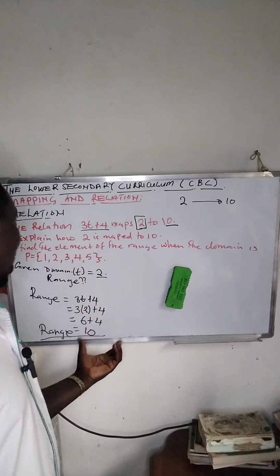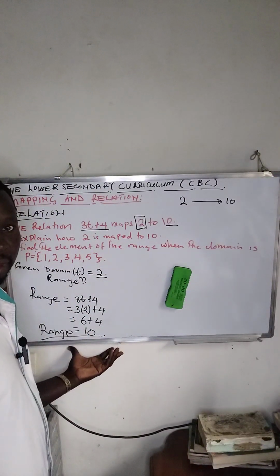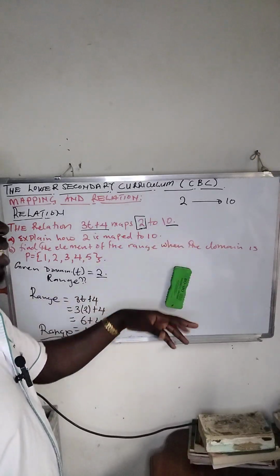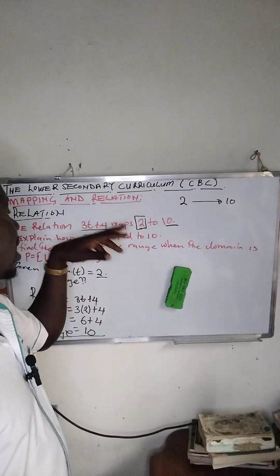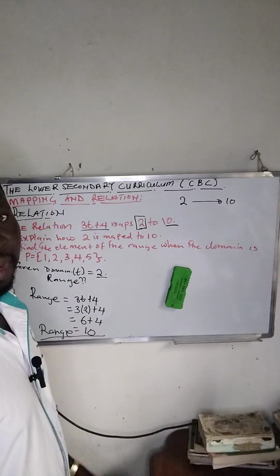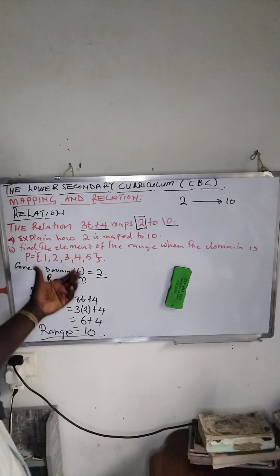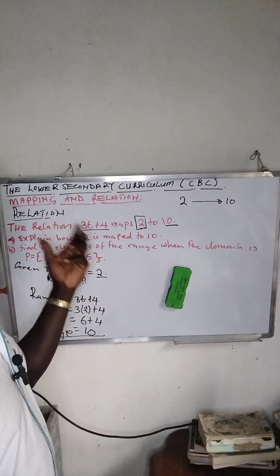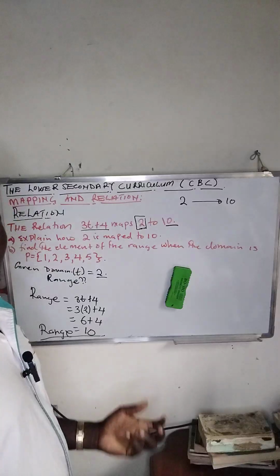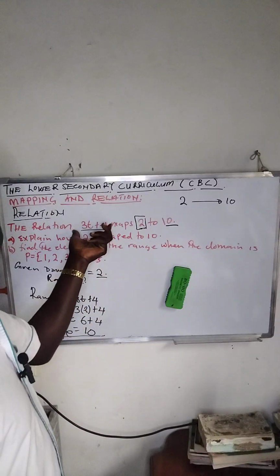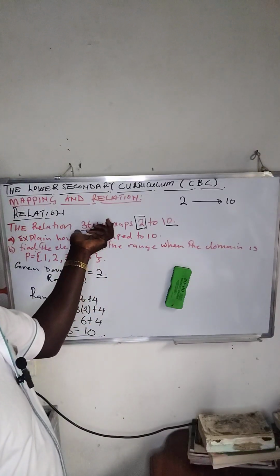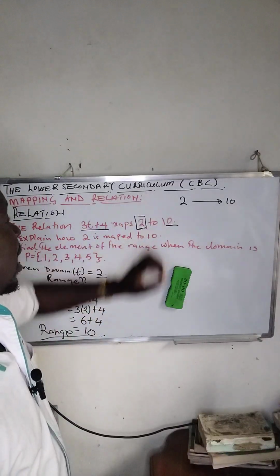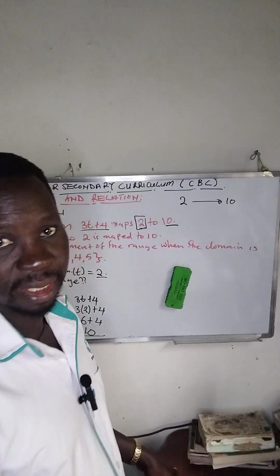Yes, you have to take up the explanation here. Don't just say the range is 10, because the 10 already is told. They told us that this 2 is mapped to a 10, but you explain. After landing on this one, it means this 2 is the domain which is fed within the relation 3t plus 4 to come up with a 10 as the range.